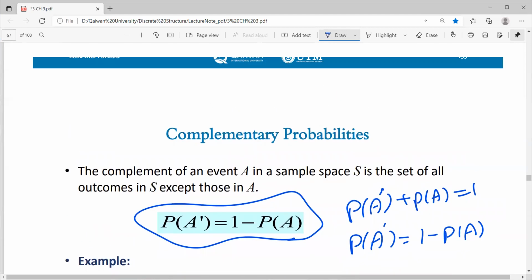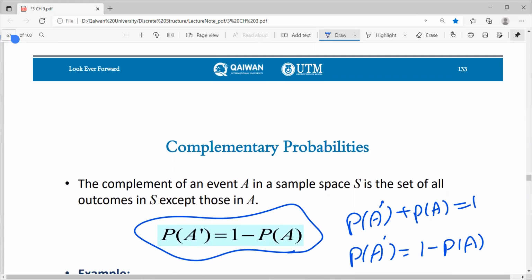Okay. For example, in rolling a dice, let X be an event, let's say the probability of 1. In rolling a dice, we either get 1, 2, 3, 4, 5, or 6. So the probability of 1 equals what?